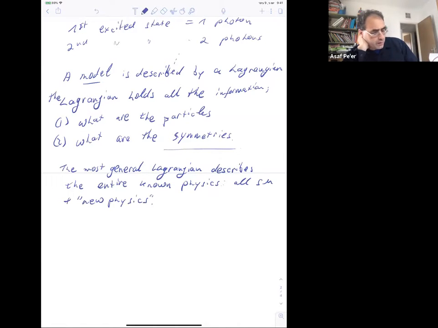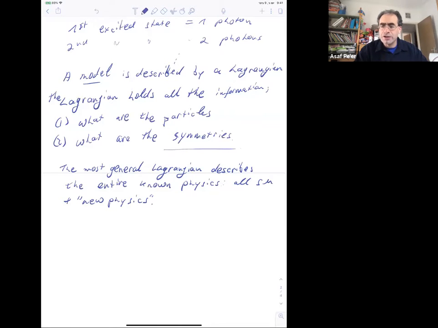It's quite cool. In fact, you know Feynman rules. We discussed Feynman rules, and we learned how to write them from a given Feynman diagram. We can also derive them from the Lagrangian.